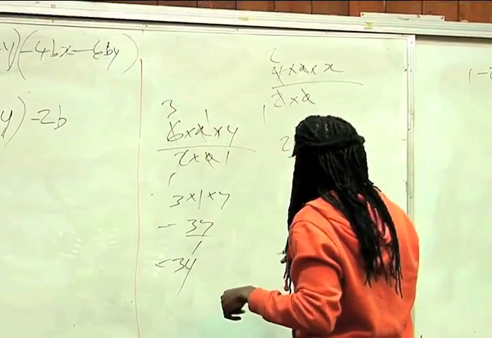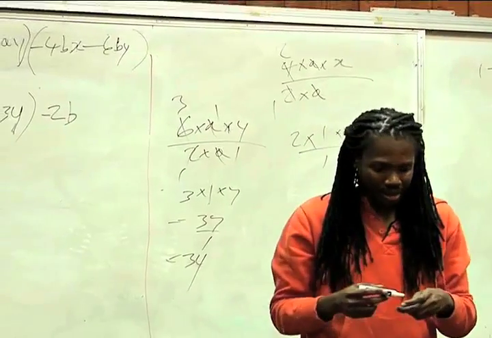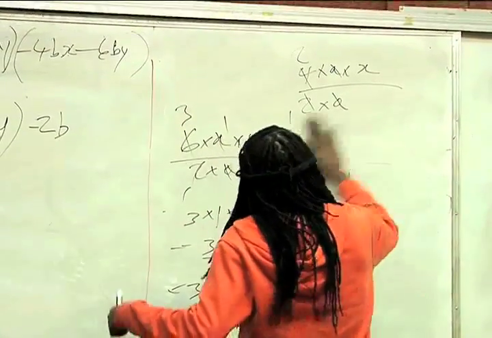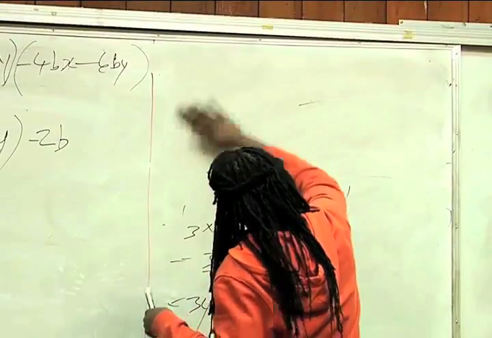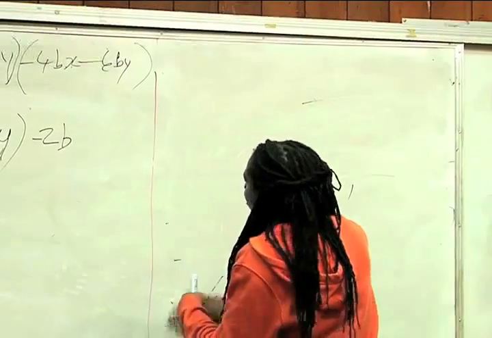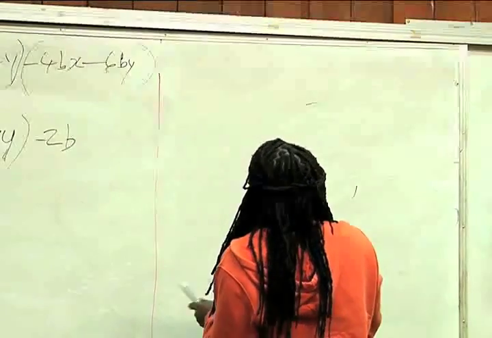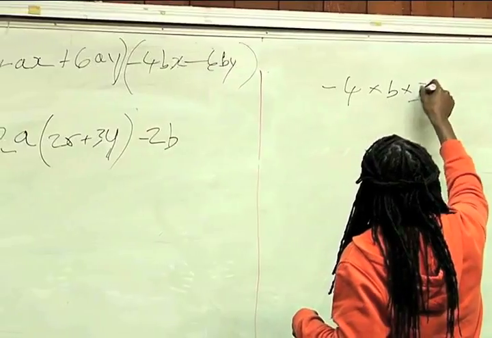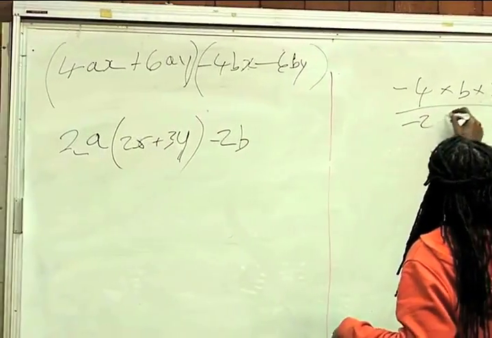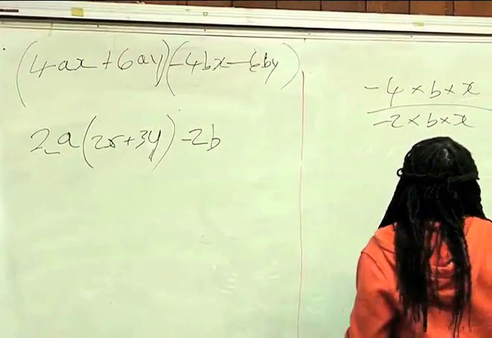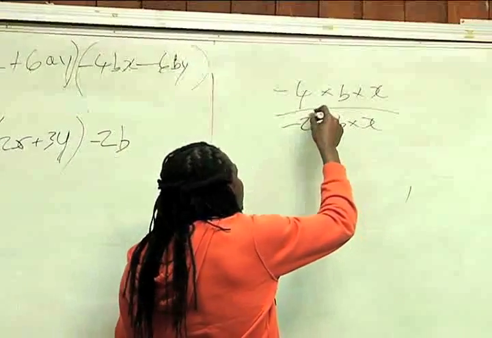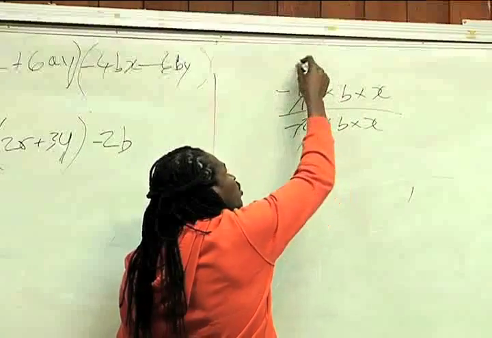So therefore, minus 4 times b times x over minus 2 times b times x. Cancel them out. 2 into 4 goes positive 2.